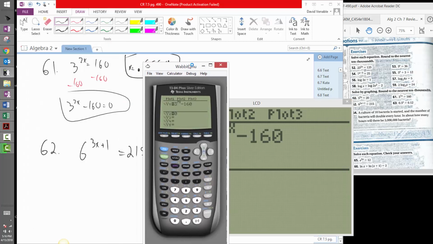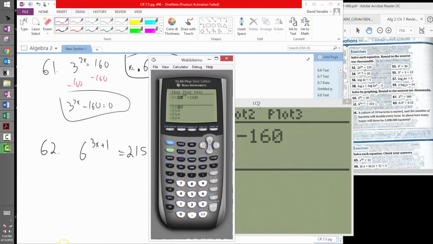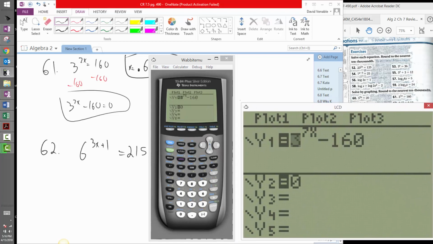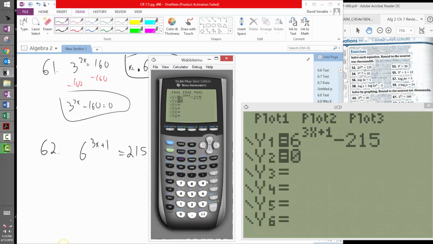I'm going to subtract the 215 on both sides of the equation, and get 6 raised to the power of 3x plus 1, and then this time it's going to be minus 215. And the other side is just going to be 0.